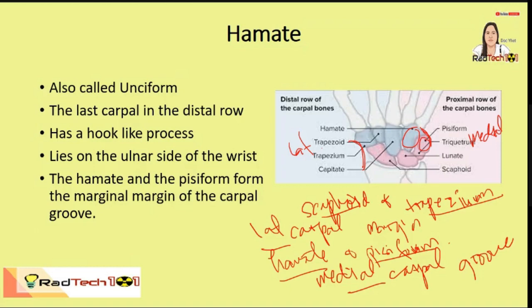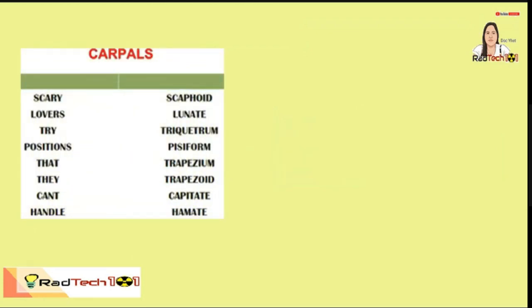So we have discussed na the digits, the metacarpals, the carpal bones, and the different joints of the hand. I have here mnemonics for you to help you memorize, to help you recall your carpal bones. Based on our carpal bones from proximal to distal, we have scaphoid, lunate, triquetrum, pisiform.